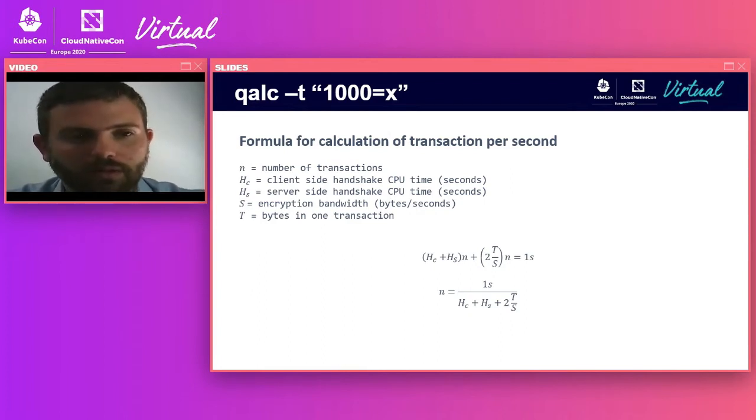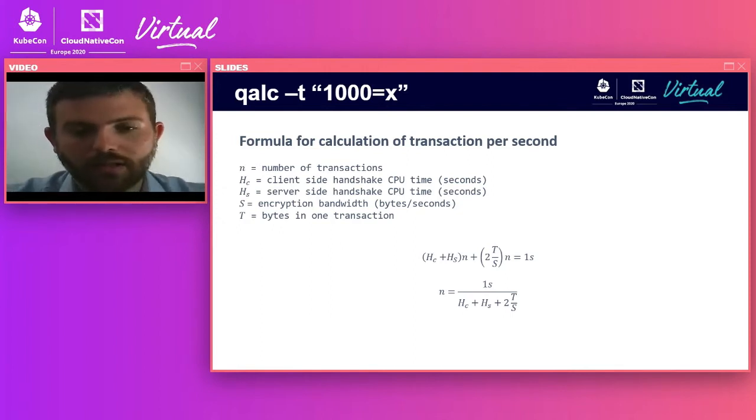Using this formula, I can calculate the overhead of TLS, how much time I need for N transactions. On the other hand, I can also invert this formula and calculate how many transactions I can make in a given time.